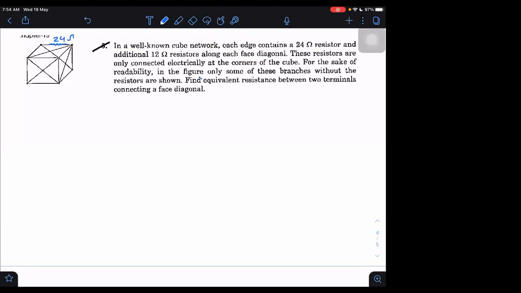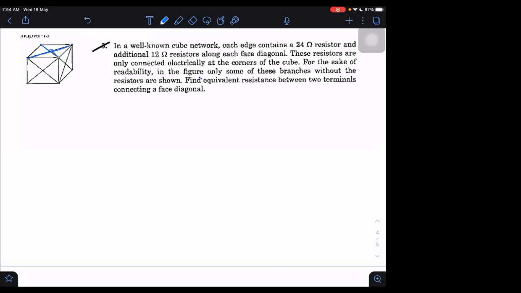A 24 ohm resistor and an additional 12 ohm resistor along the face diagonal. So you understood the difference between the face diagonal resistors; these face diagonals are different ones.